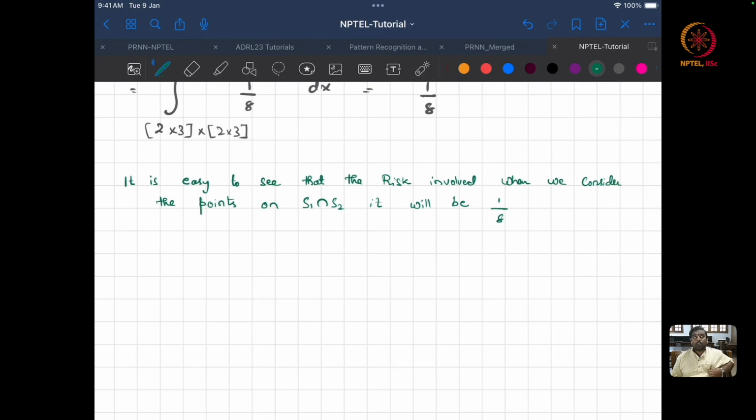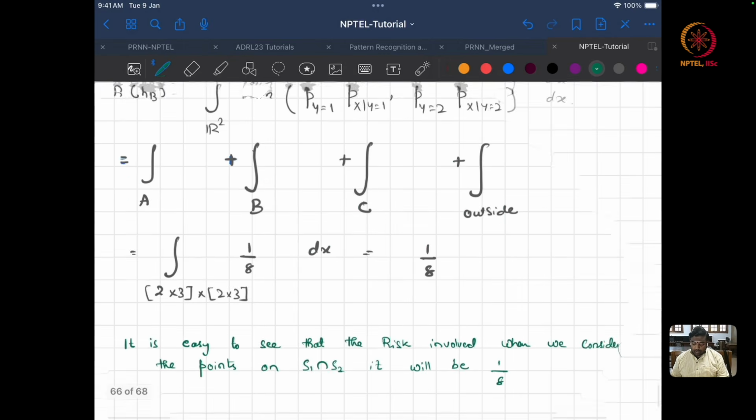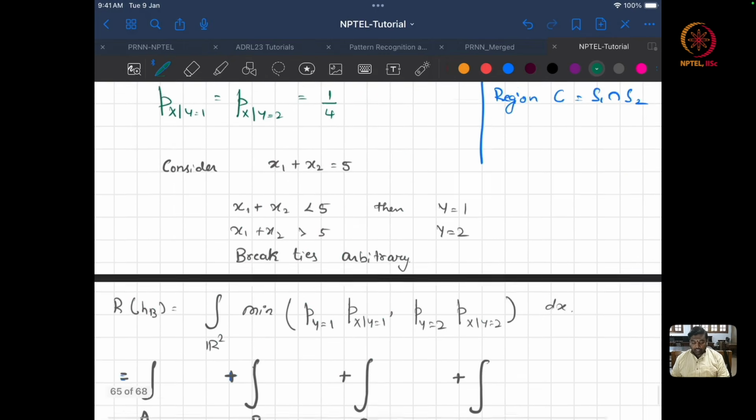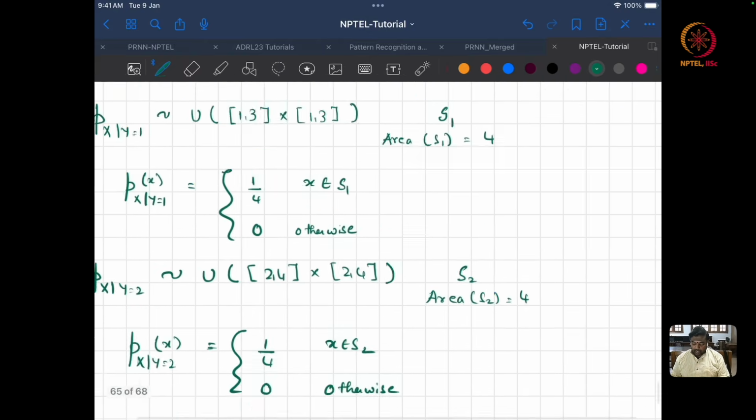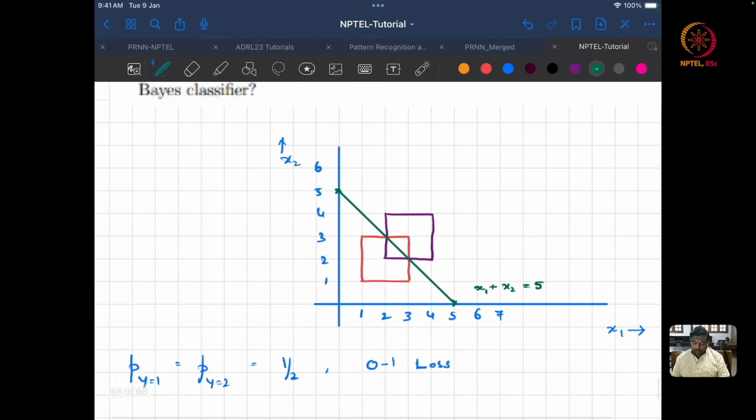So now the next question that immediately arises is, the risk is the same, so is this classifier that I have, this line, a Bayes classifier? Yes, because I am able to obtain the least risk. Now is this the only classifier which can give me the same risk?